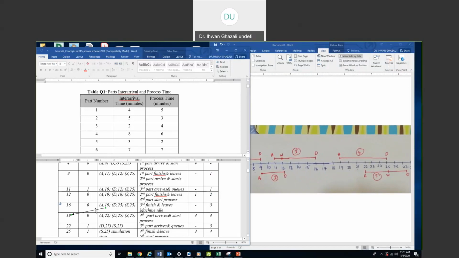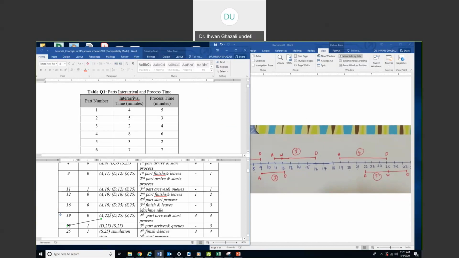Part number 5, the inter-arrival is 3 from part number 4. You just put 1, 2. So this one is minute 22. So here you write the arrival for the part. This one is A, arrival is in 22.